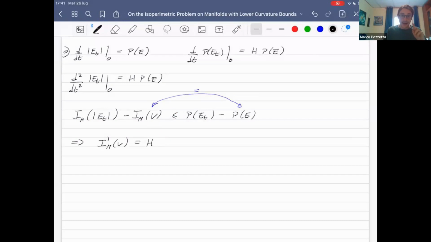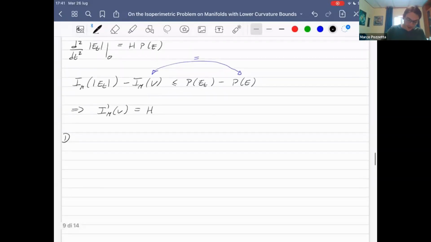But you remember, I am interested in concavity properties of the profile, so I am interested in second derivatives. Here are the non-trivial computations, but at this point they will be elementary. Computation number 1, about second derivatives: I want the second derivative of I_M. Instead, I compute the second derivative of I_M composed with the volume of E_t at 0.